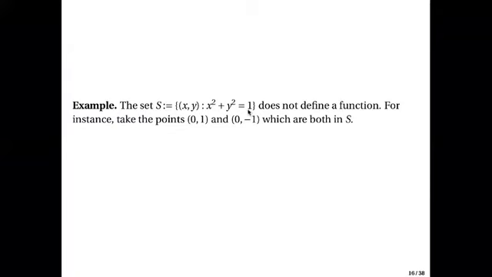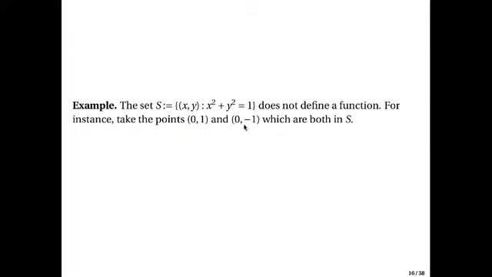And this is not a function because, for instance, if you take x equals 0, then possible y's are 1 and negative 1. Positive 1 squared is equal to 1. With x equals 0, this term is gone, so you only have y squared equals 1, and possible values for y are 1 and negative 1.